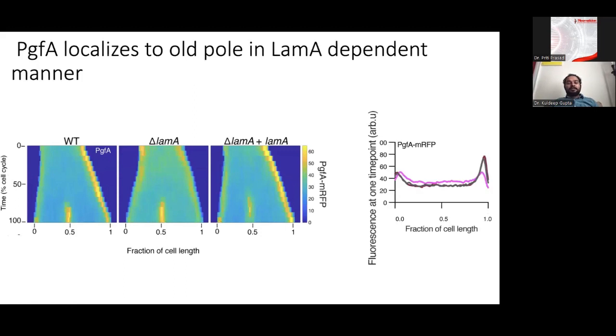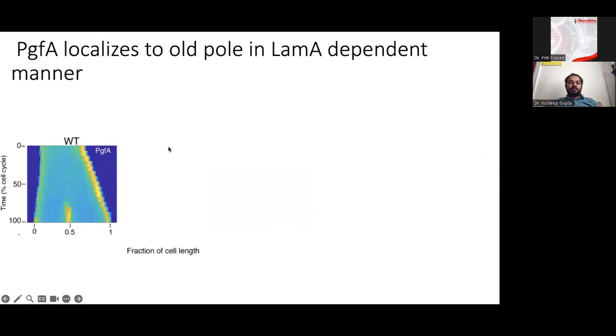Since we had shown that this protein localizes to the old pole, we wanted to see the relationship between PGFA and llama, because they interact with each other. Here you can see that in the wild type background, PGFA localizes to the growing pole and in the center.